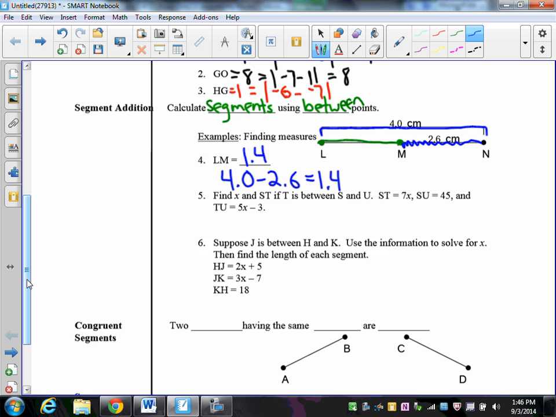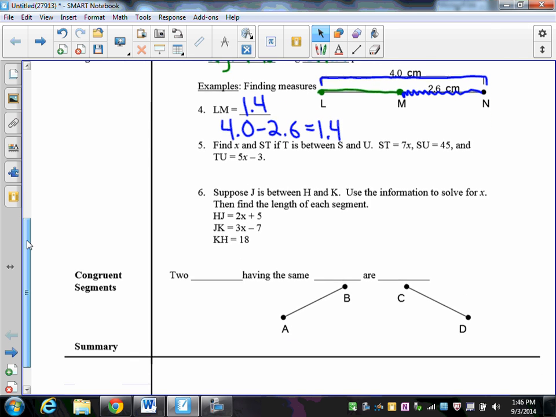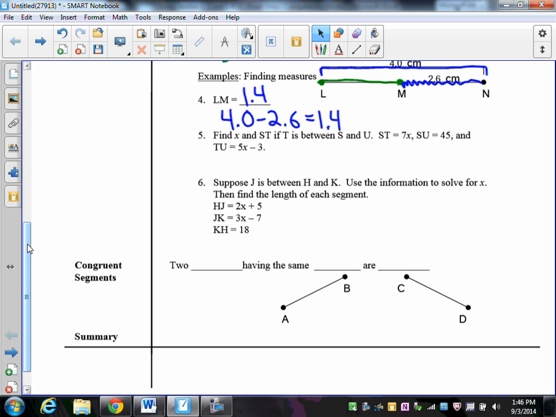You'll also be given some problems like numbers 5 and 6. The best way to do problems like 5 and 6 is to actually write them out. It says find X and ST if T is between S and U. Let's draw a little picture. We have S and U, and T is between it.